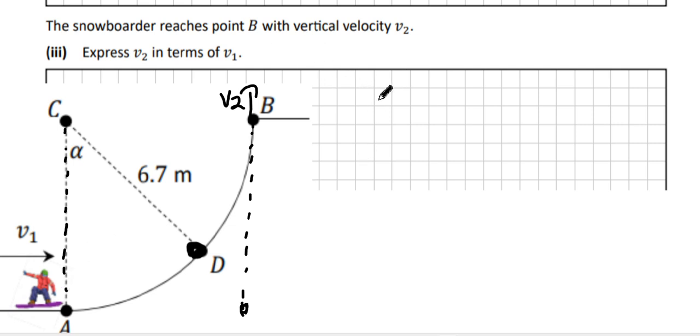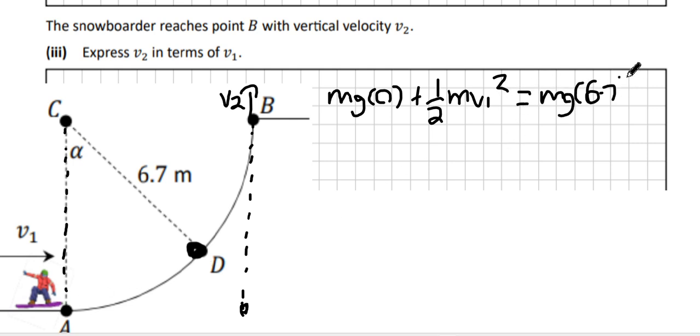Yeah, I'm gonna go for conservation of energy again. Because I'm gonna go for mg0 plus a half mv1 squared for your speed, your kinetic energy, mg 6.7 for your potential energy, and then a half mv2 squared.